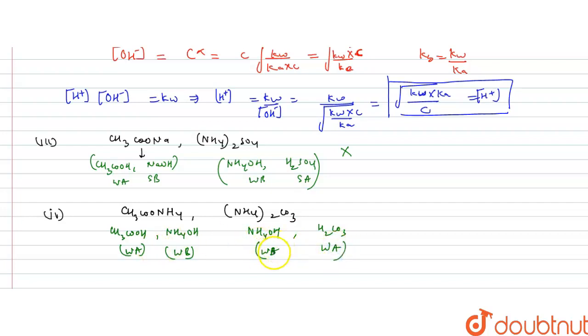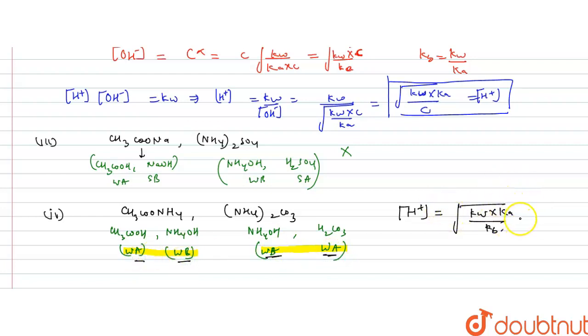So in this case the H plus ion concentration will be the same, as both are weak acid and weak base. If we calculate the H plus ion concentration in this case, it will be equal to under root of Kw into Ka divided by Kb, because both are weak acid and weak base, so both Ka and Kb will be included.